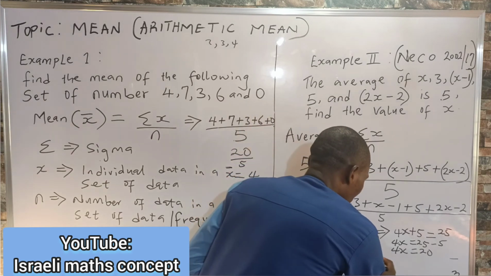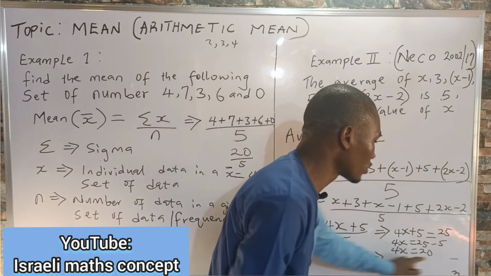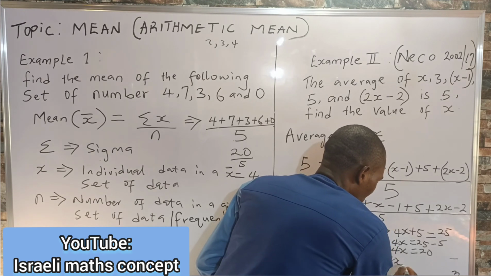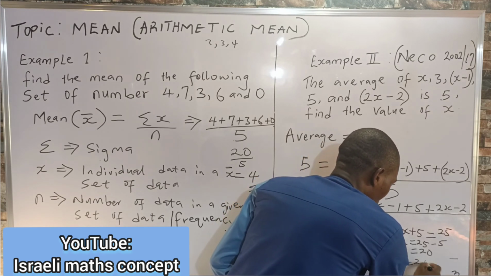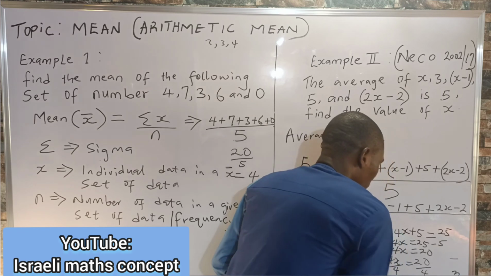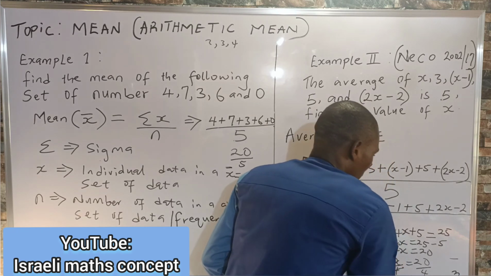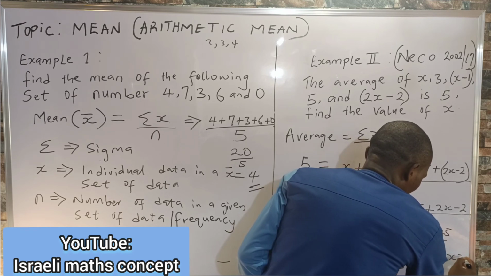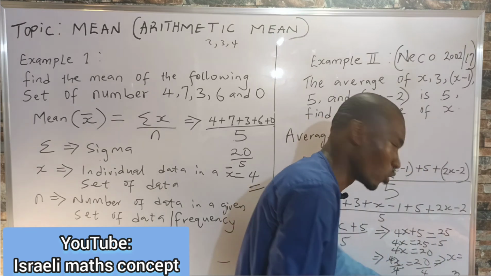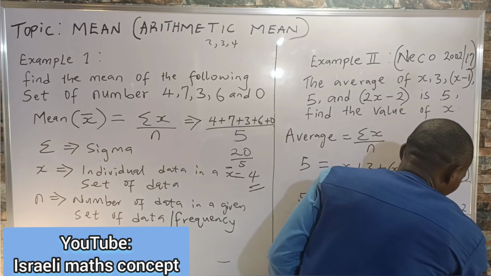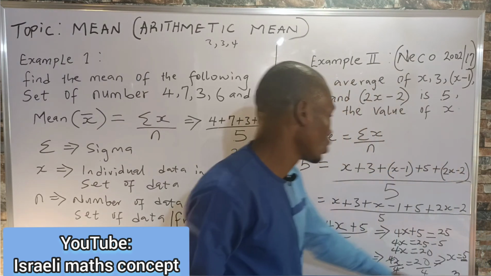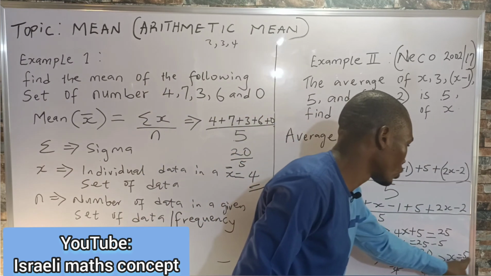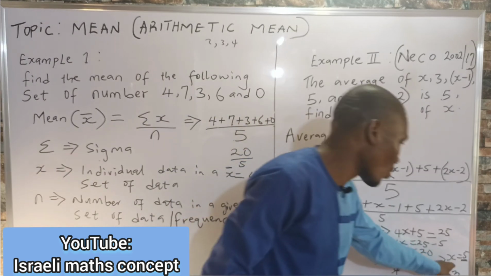So this implies that when we divide both sides of the equation by the coefficient of x, which is 4, we have 4x over 4 equal to 20 over 4, such that 4 will cancel out 4, and this implies that our x is equal to 20 divided by 4, which gives us 5. So automatically, the value of our x, which is what we are asked to find, is equal to 5.